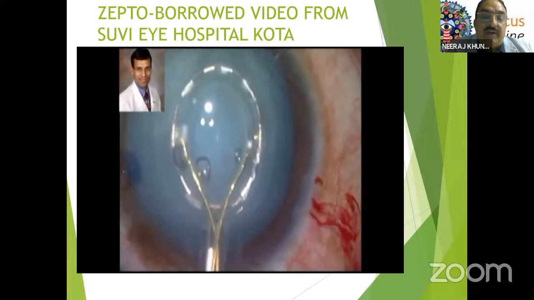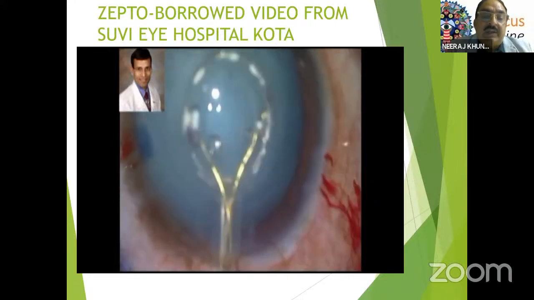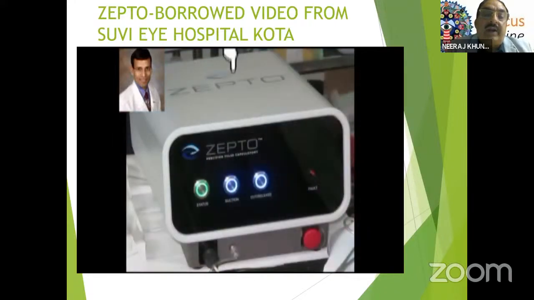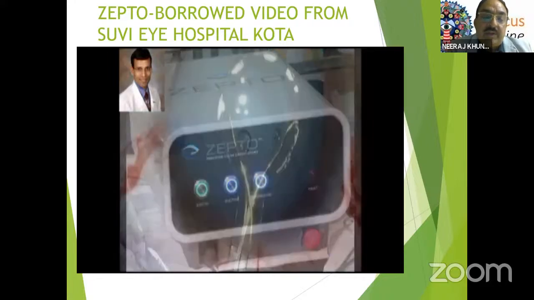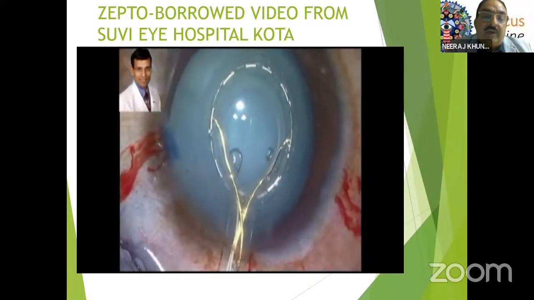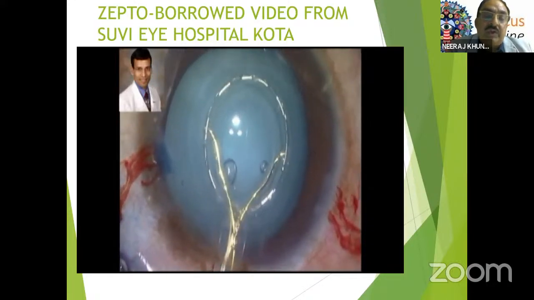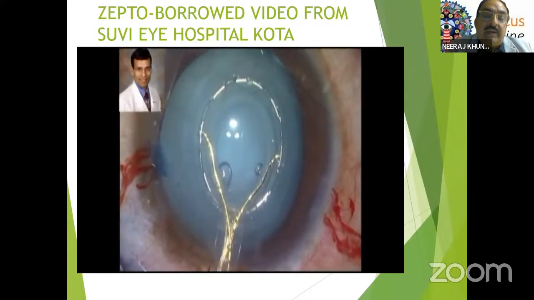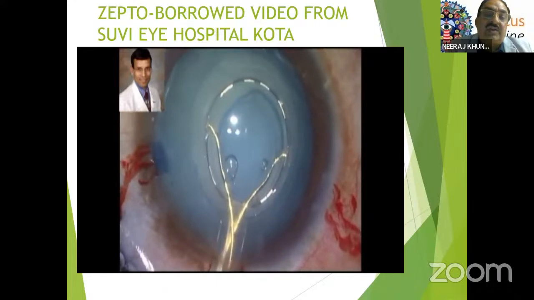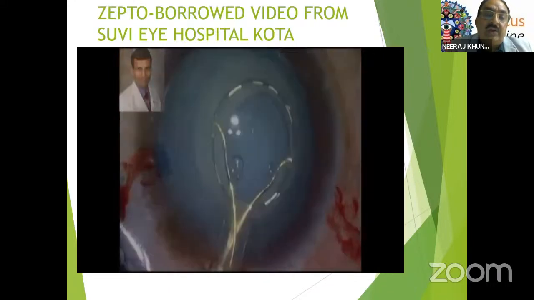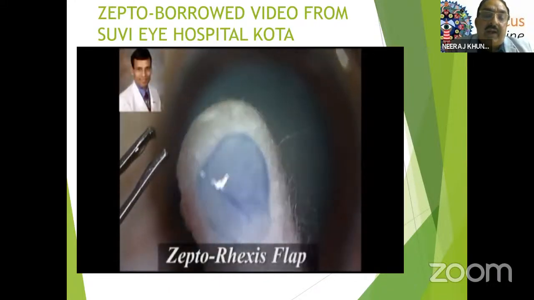And once it is in, you can see the position at the desired site. Then we apply suction. Once this suction is applied, we can see the water molecules. There is a suction and there is an instant rhexis, you can see that. So we can get the adequately sized rhexis here.